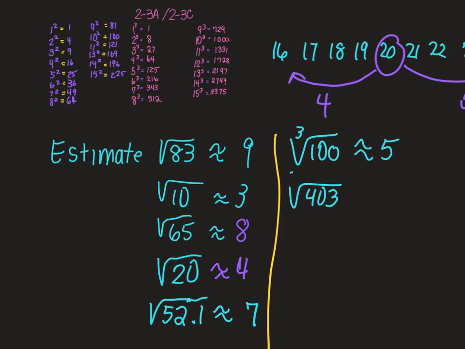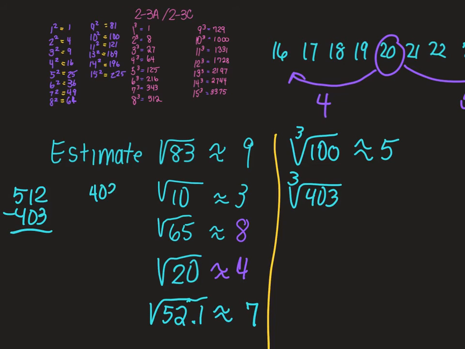How about the cube root of 403? Well, 403 is either going to be 7 or 8. But how do I know for sure? I can't draw it out like this. Let's subtract. Let's take 512 minus 403 and see how far apart they are.